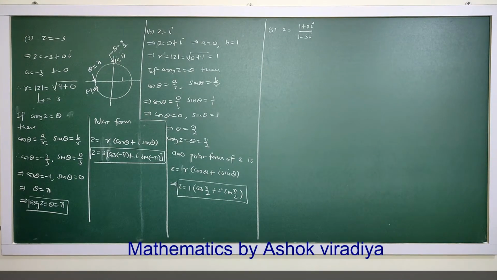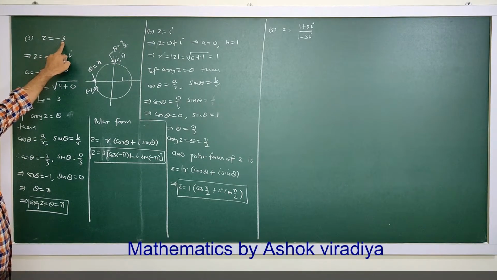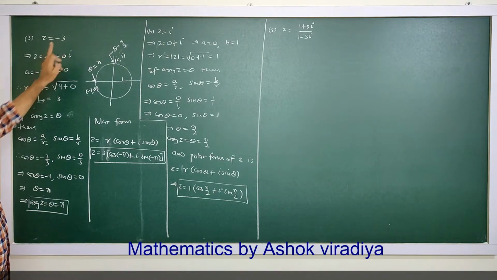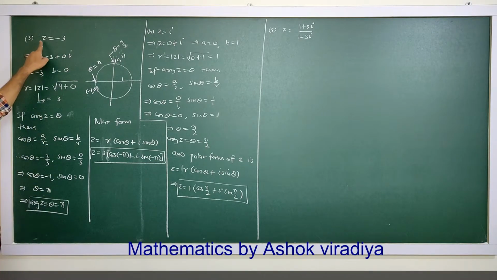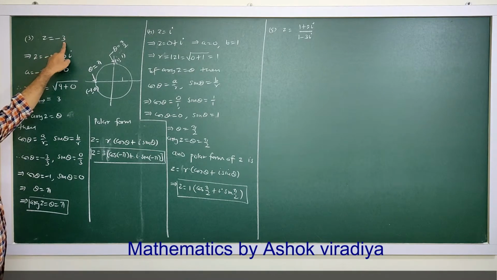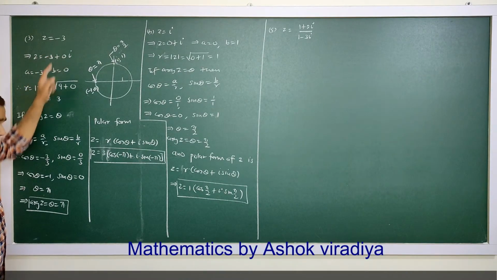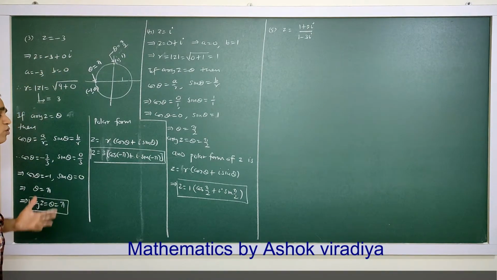Always remember, if z is a real number, if it is a negative real number, then the argument of z will always be pi. If it is a positive real number, then the argument will be 0.